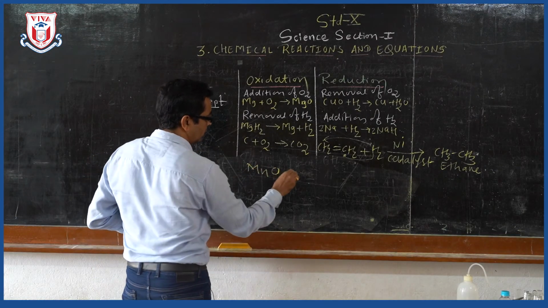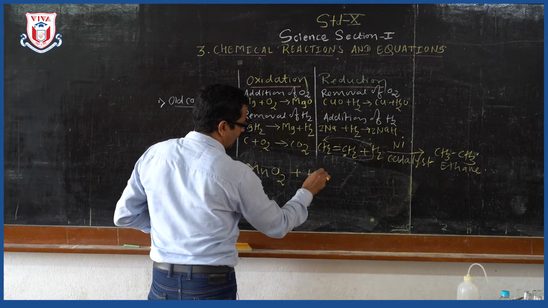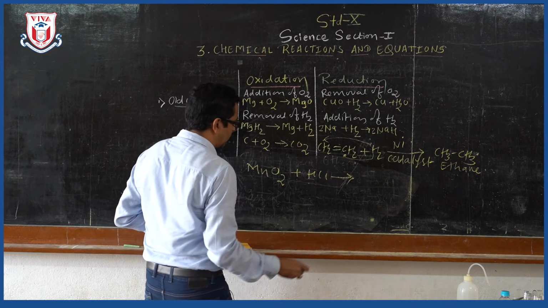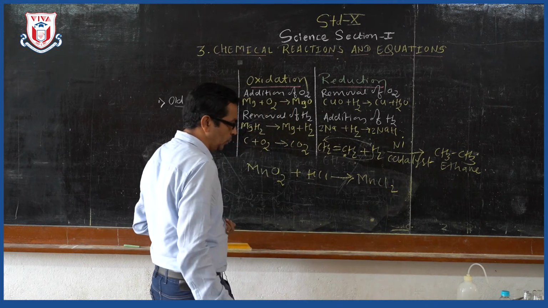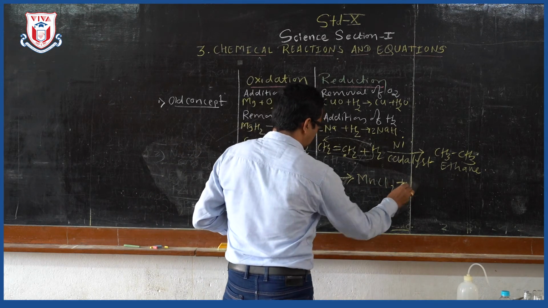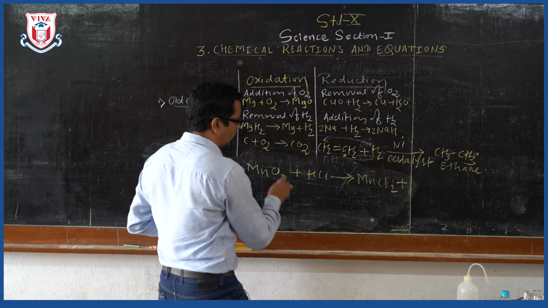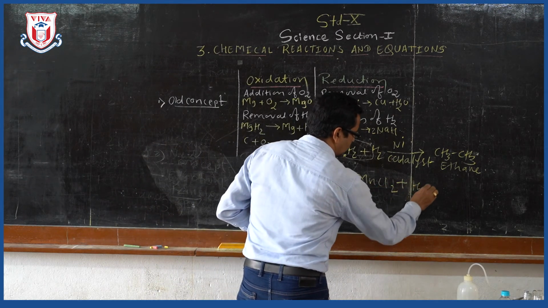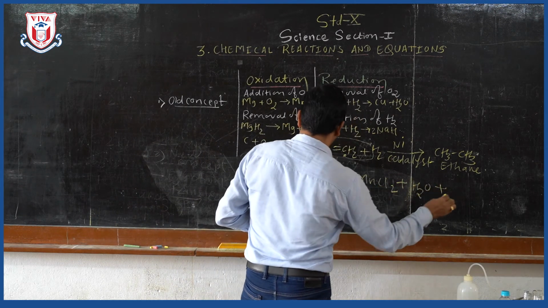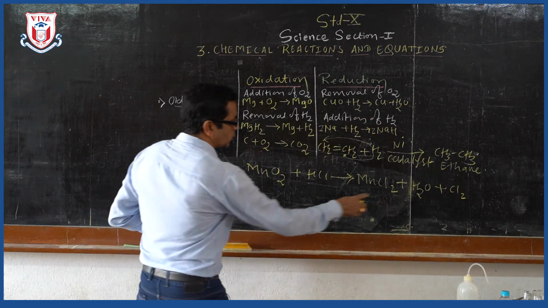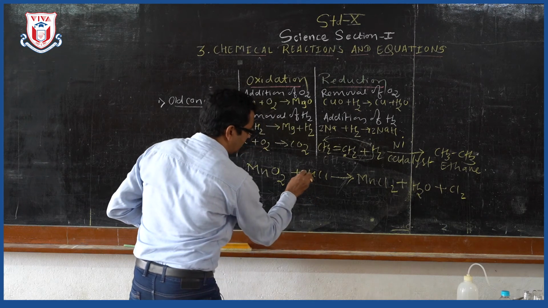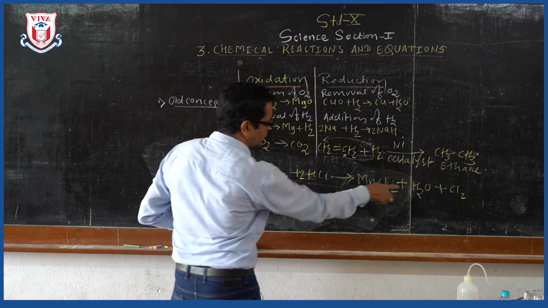Okay, so I will write this reaction: MnO2 plus HCl will give you MnCl2 plus H and O will form H2O plus Cl2. Since here there is 2 hydrogen, you will multiply this by 2.